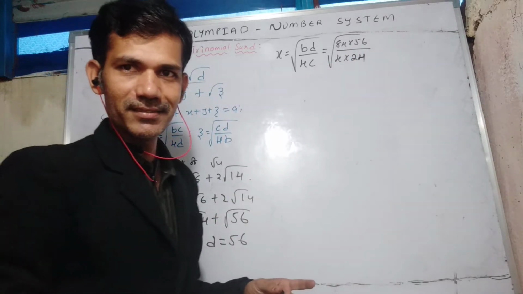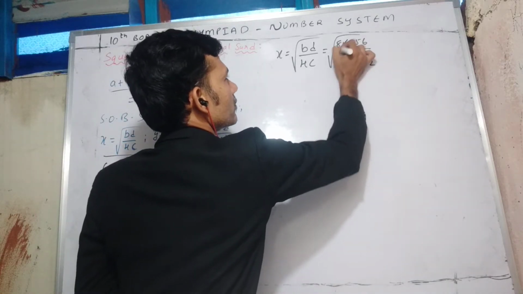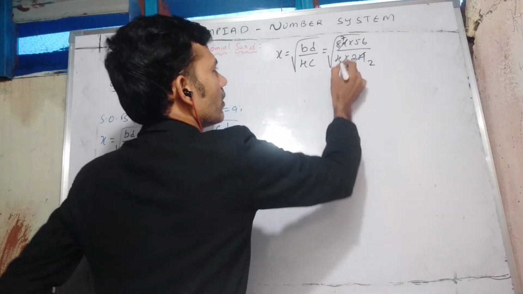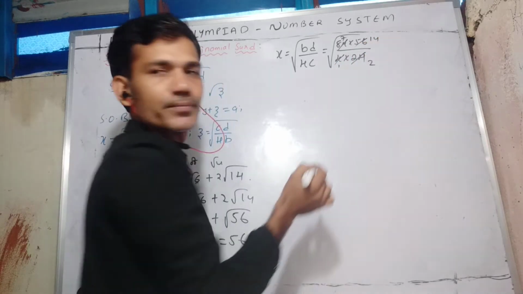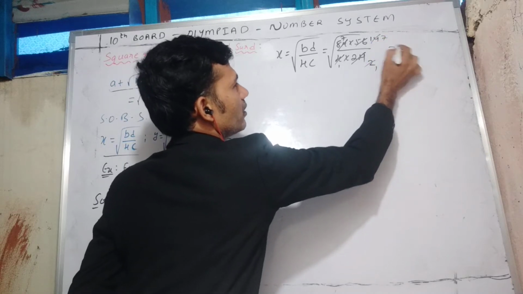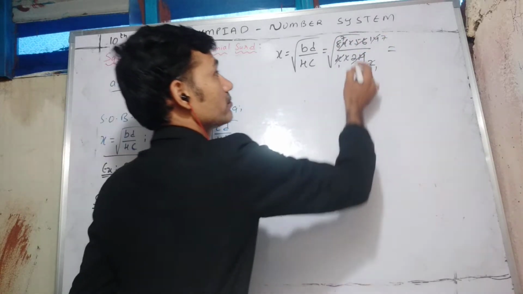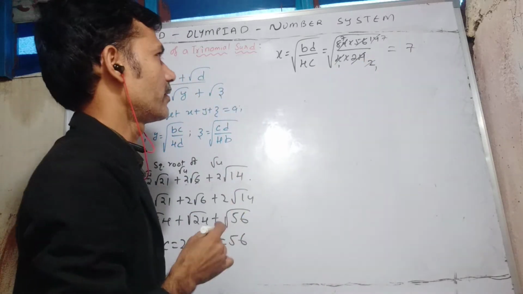Now we'll cancel and we'll get the x. 12 2s are 12, 7s are 84. Now 4 times 4 1s are 4, 14s are 56. Still 2 is there in the denominator. 2 1s are 2, 7s are 14. Numerator 7 times 7 is there. Under root of 7 times 7 means 7 itself.